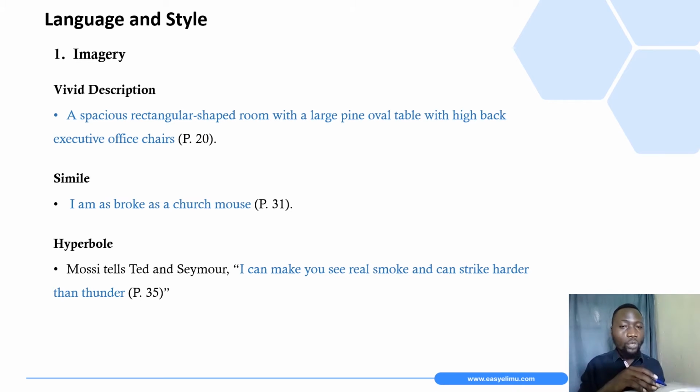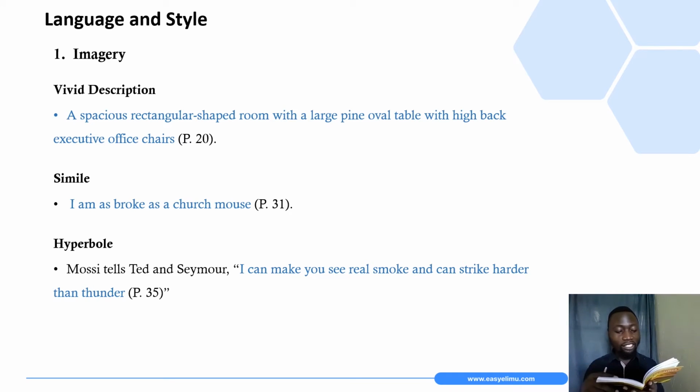Okay, I only want to identify the part where the setup of the office is vividly and visually described. We are told that in the morning, second Monday of January the following year, at the Maracas Municipal Headquarters in the mayor's boardroom, a spacious rectangular shaped room with a large pine oval table with high back executive office chairs. I'm leaving it there.